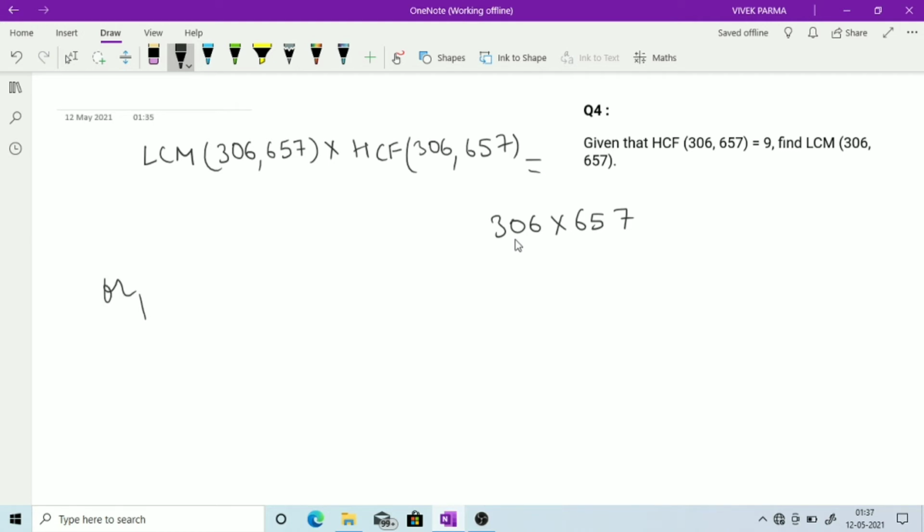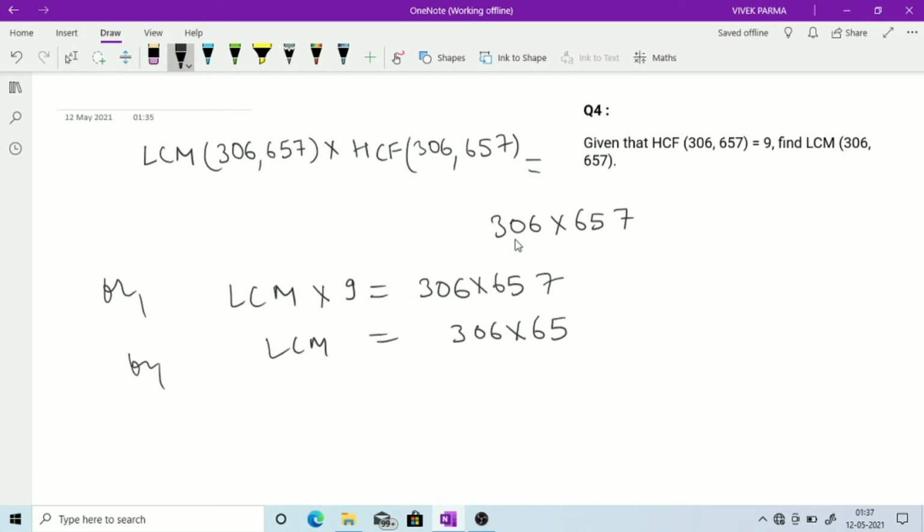So here HCF is given, right? So the LCM into HCF, which is here 9, will equal the product of these two numbers, right? Or LCM equals 306 into 657 upon 9, right?